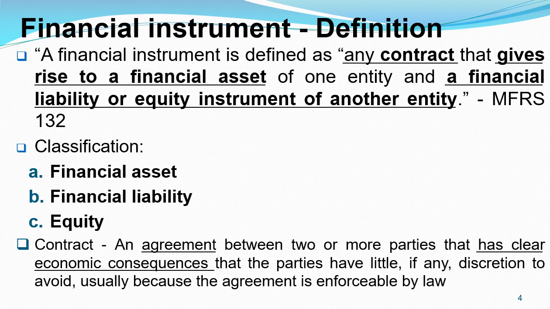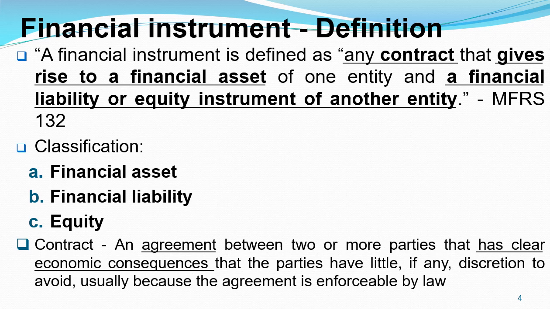So when we talk about contract, it involves an agreement that is bound by the law, which means bukan kata kita janji saja. Janji tersebut diikat dengan undang-undang, or it is enforceable by law.